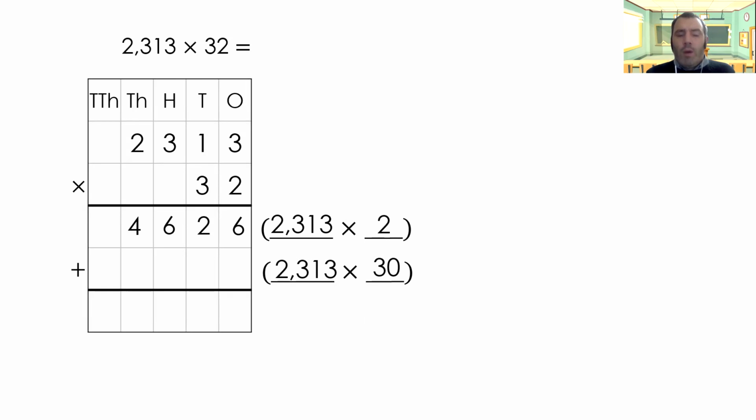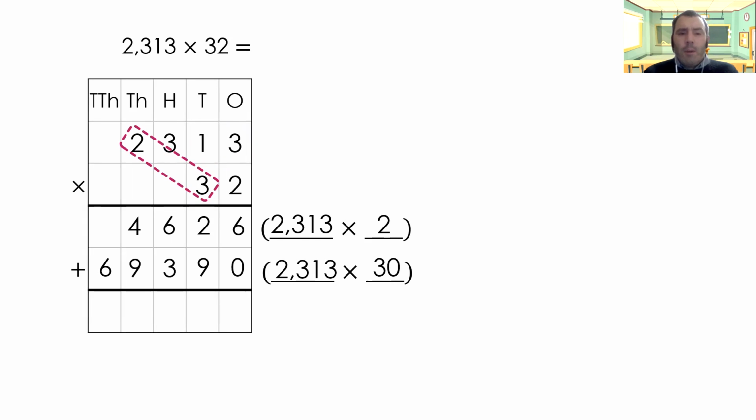We're not working with ones anymore. We're working with tens to begin with. So we've got 30 times 3 or 3 times 3 for 9, remembering the 0 in the ones column. 9 goes in there. 3 times 1 for 3, 3 times 3 for 9 again, and 3 times 2 for 6. There we go. We've done the difficult bit.